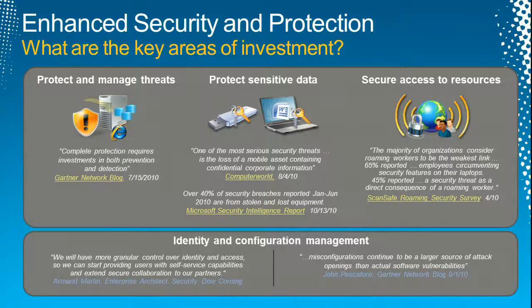And then, of course, how do you secure access to resources, right? Making sure that the people you grant smart cards to is actually some sort of process, so the right people get the right access to the things that they need. Underlying all of this, though, is identity and configuration management, right? I need a tool that helps me configure who has access to what and how I grant all those permissions.